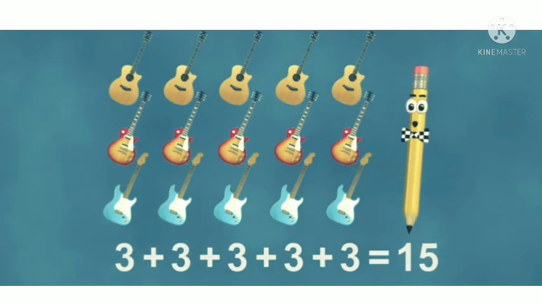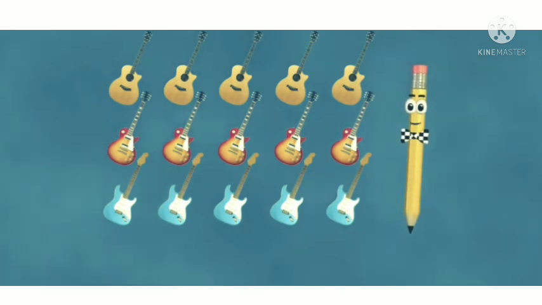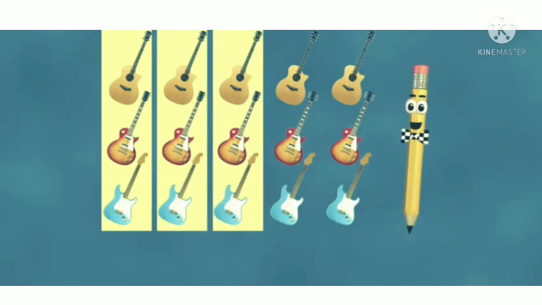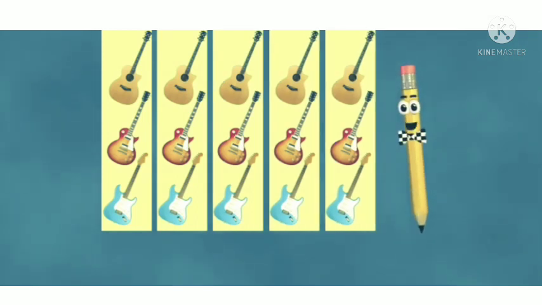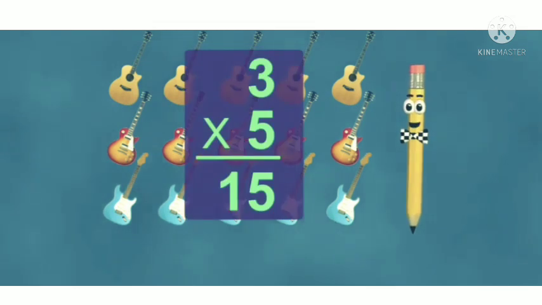But that's so slow. I'd rather be fast. I thought so. And that's where multiplication gives you power. What we actually have are 1, 2, 3, 4, 5 groups of 3 guitars. 3 five times, or 3 times 5 equals 15.